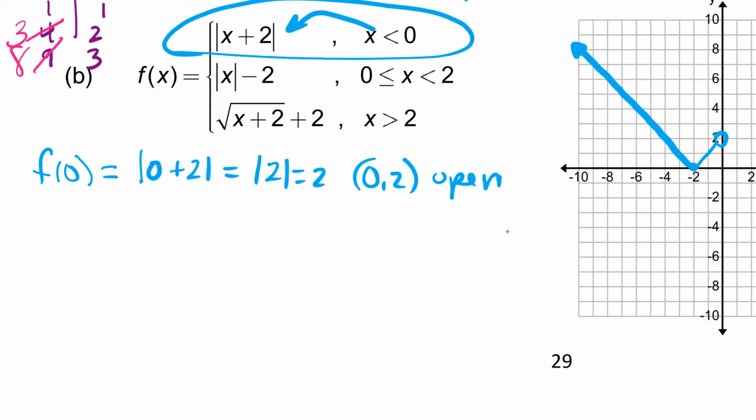We had to use our transformations to understand that the absolute value function is not starting at (0, 0), it's shifted left by 2. And then it's just a regular absolute value where we go over 1, up 1, over 1, up 1, over 1, up 1. So I'll do it again. You move your vertex over to (-2, 0), and then you go over 1, up 1, over 1, up 1, over 1, up 1. Okay, that was the first one.